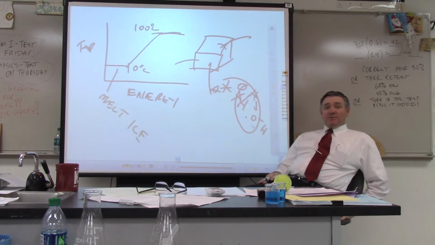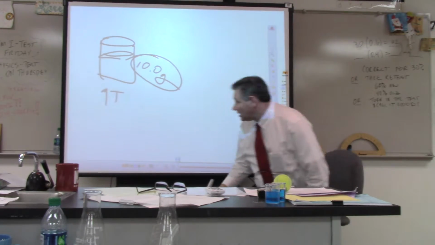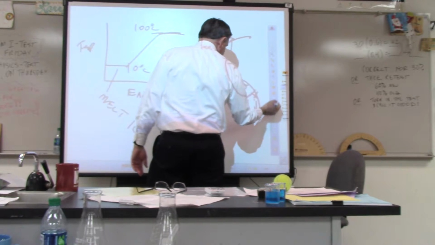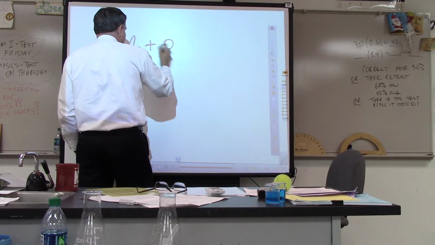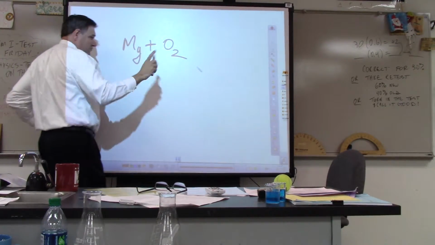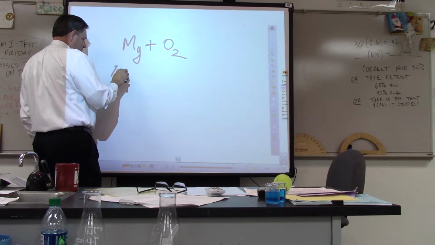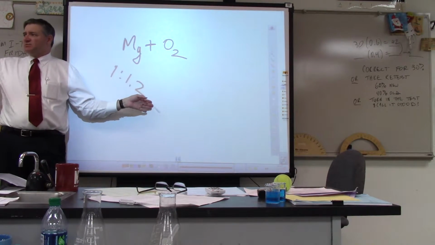Now, let's look at what happened in the magnesium oxide lab that you just gave back. If you look at what happened there, you had magnesium, and you reacted it with oxygen. Now, some of you on the empirical formula, you found that mole ratio, and it was like 1 to 1.2. You really can't round this. So this is what I did on your papers.